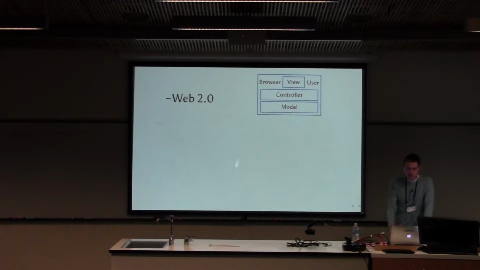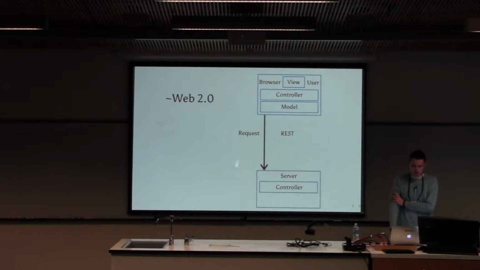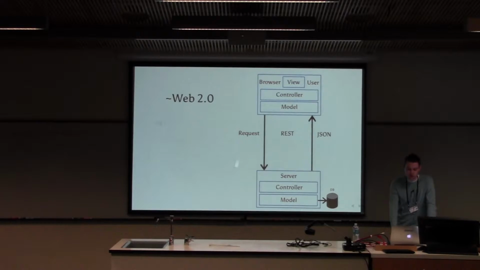Ajax and local storage appeared. So it can start making requests to the back end, but instead of requesting the view, it's requesting data, and then it renders the data itself. The server responds to the request, goes to its data store, returns with the data, and then the model and the controllers can work together to get that view rendered in the browser.